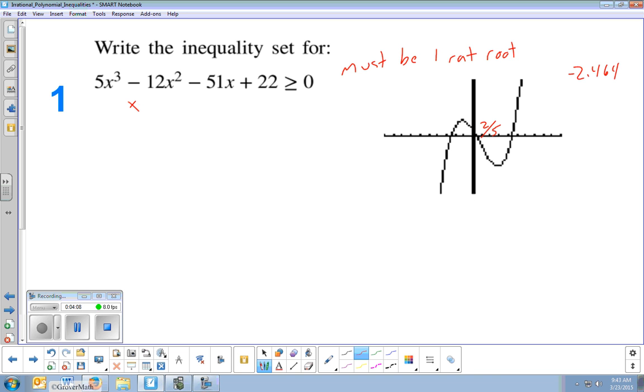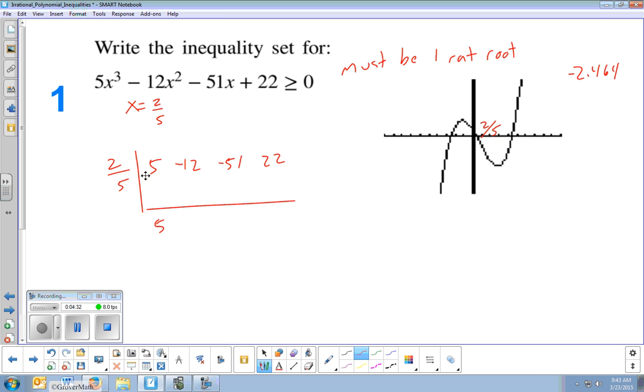So x equals 2/5, and that's what I'm going to use for my synthetic division. So 2/5 and 5, negative 12, negative 51, and 22. Bring down this 5 times 2/5. Remember, times 2/5, you could do it in your calculator, but it basically means divided by 5 times 2. Either order.